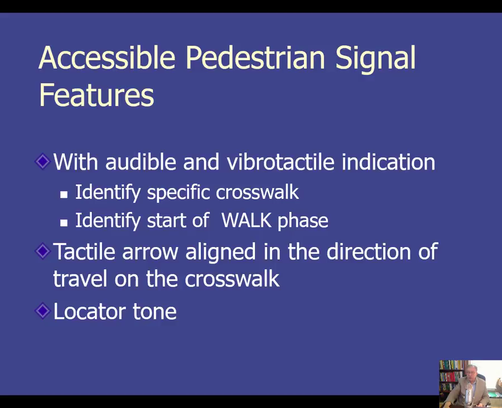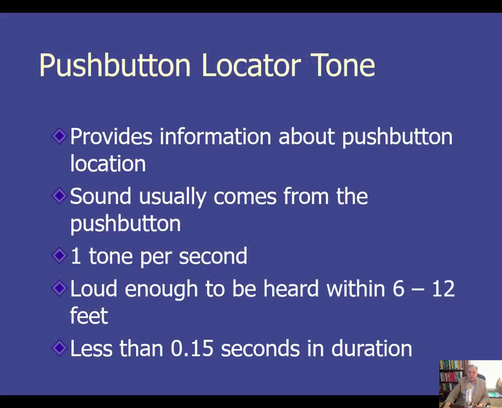It actually shows which button controls your crossing. The push button locator tone provides information about its location. If it's in that push button box, the sound is coming from where that push button is.